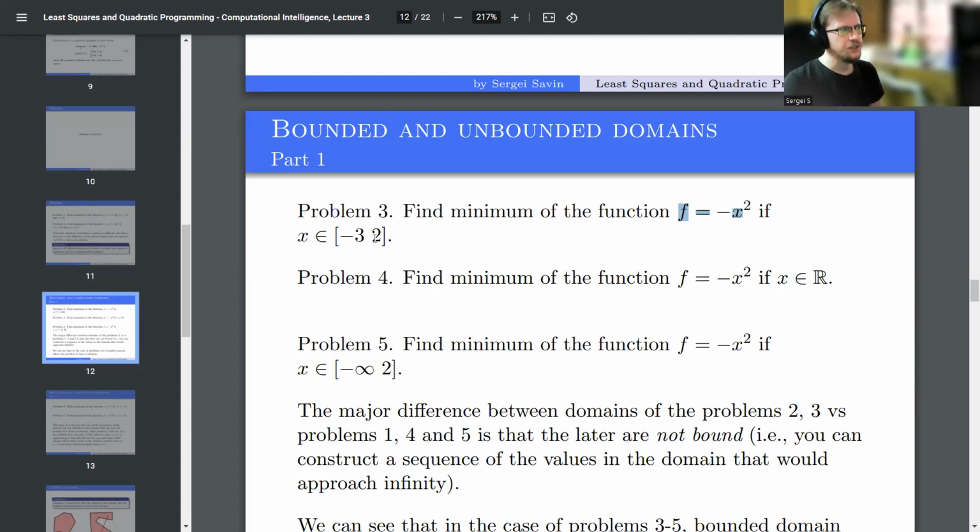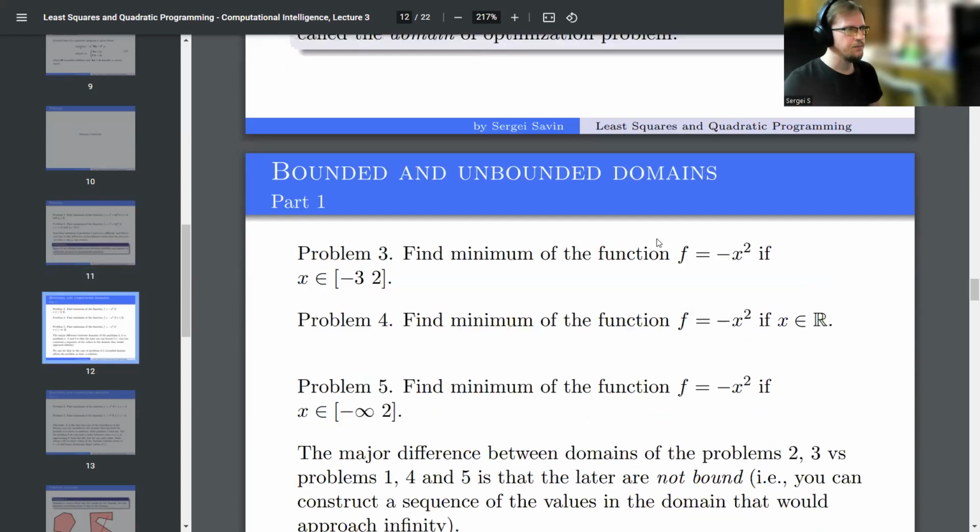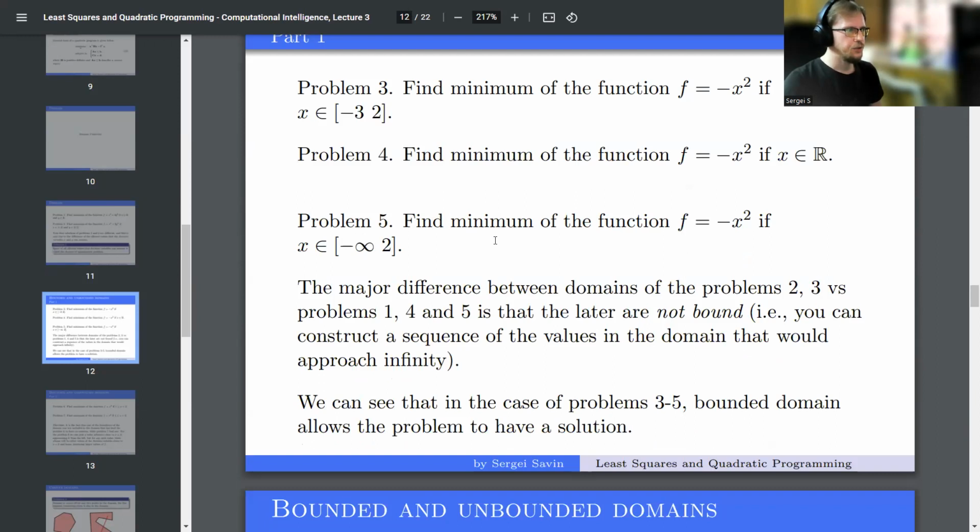No, yeah, here is for example the example where the domain actually allows the function to even have a minimum, because otherwise it would have been infinity. Here we discussed that in the absence of boundaries we cannot define a minimum of this function. It can go towards both plus and minus infinity, as the function can decrease infinitely in both of those directions, and so on, right?